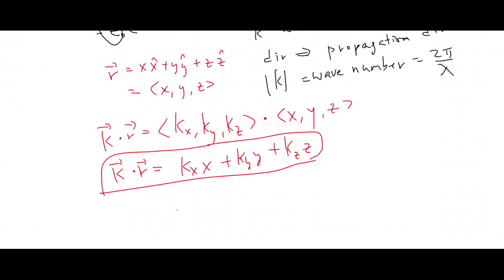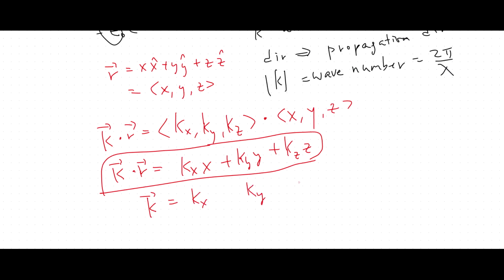K is not the velocity. It's called a wave vector. The direction gives me the propagation direction, where the signal is traveling to. The magnitude tells me the wavelength, 2 pi over lambda. But what is the K vector? We say the K vector has Kx, Ky, Kz components, right?